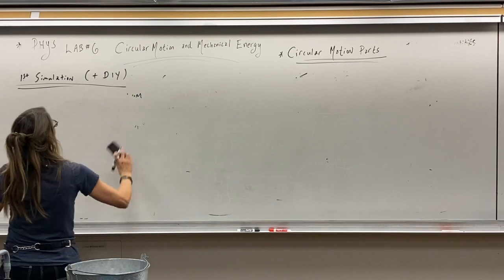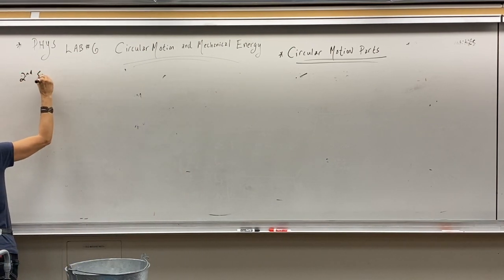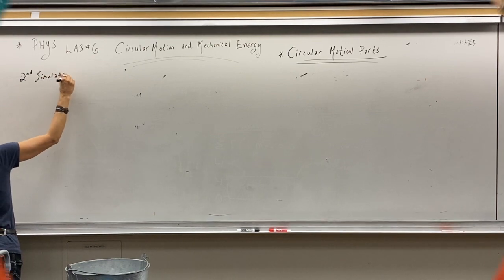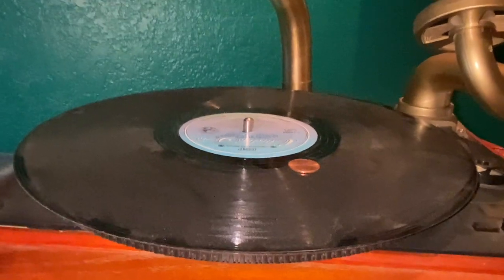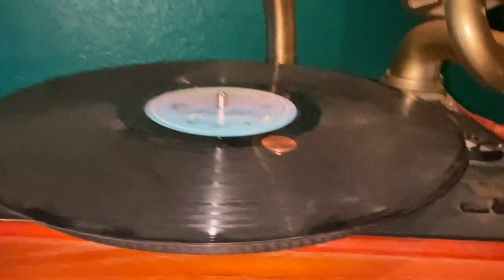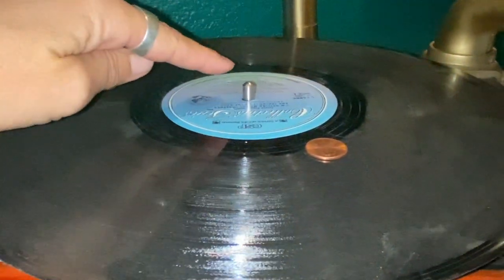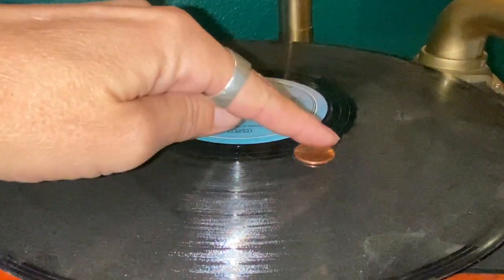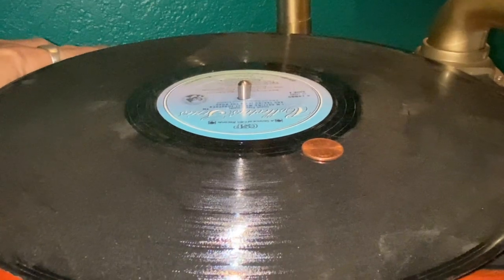So the second simulation, here we have a uniform circular motion demo. If we spin this record at 33 RPM and we place a penny at a distance r from the center of rotation, will it stay on there?